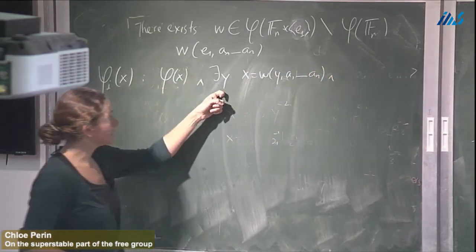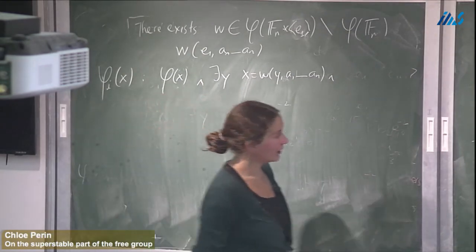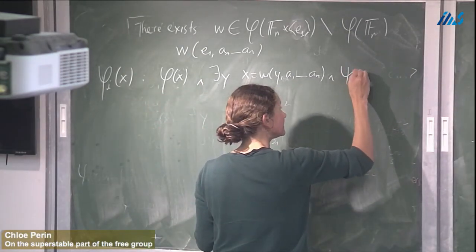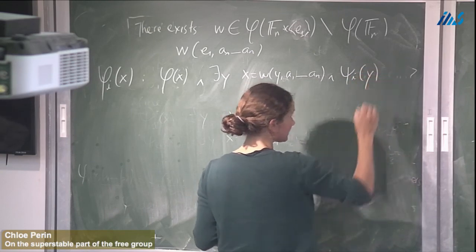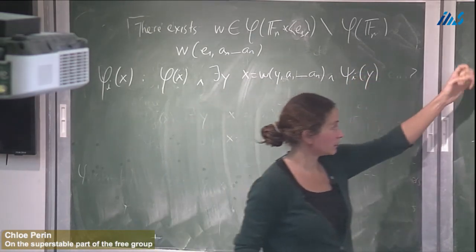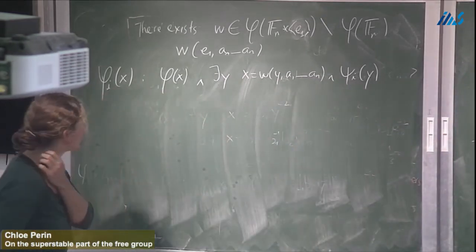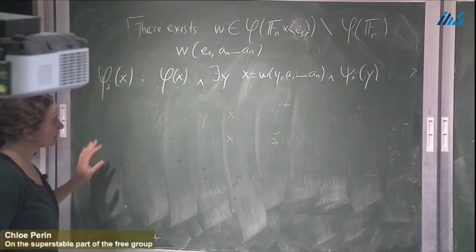And you will ask of this y that it satisfy the formula psi I that we defined here. Remember that we showed that E1 satisfies all these formulas, so this will be true here. So these are the formulas that we use.